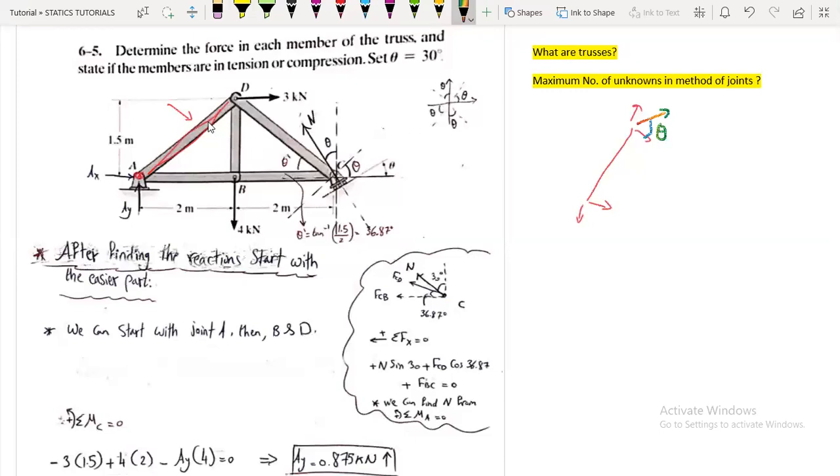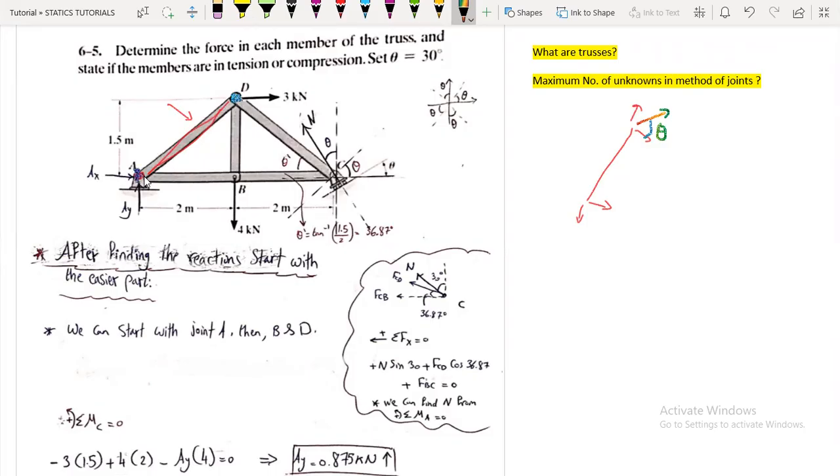So here at the joints, we only have the axial forces because they are pin connected joints, and we don't have any moments because rotations are allowed at the joints.